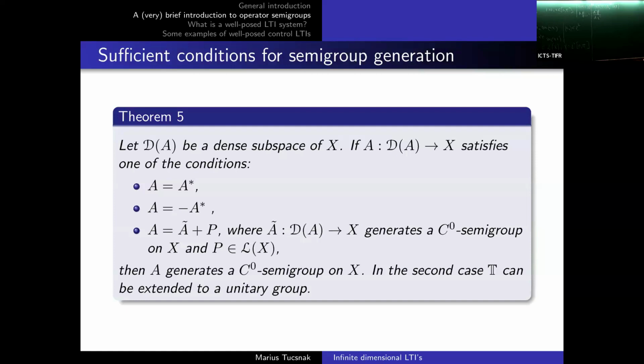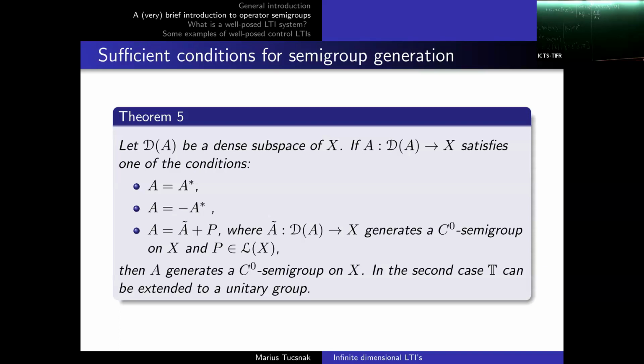Nevertheless, in applications to PDEs, in general, it is more natural to have a good candidate for A, and then to prove that it generates a C0 semigroup. So it's very rare that we can begin by constructing the semigroup, as I just showed. So it's interesting to know which kind of operators generate semigroups.